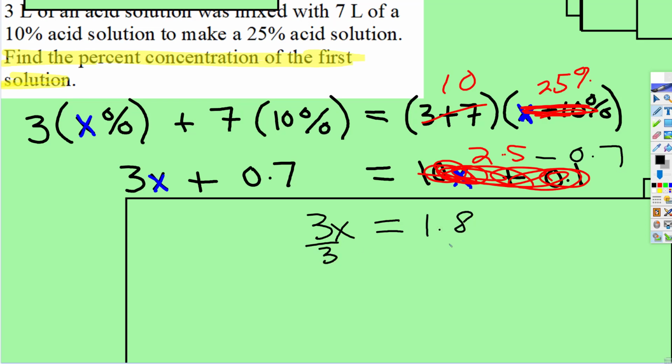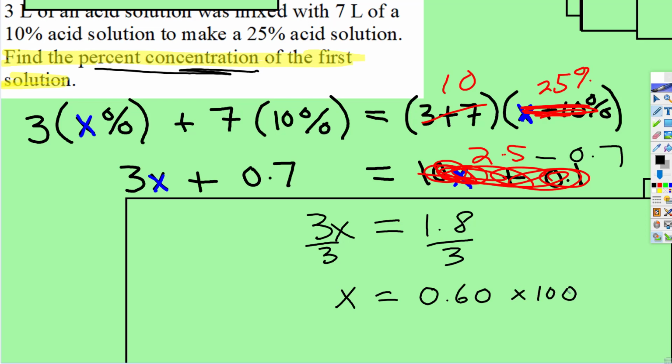We're going to divide both sides by 3. X equals 1.8 divided by 3, 0.60, but we want the percent concentration. So we're just going to multiply that by 100. X is equal to 60%.